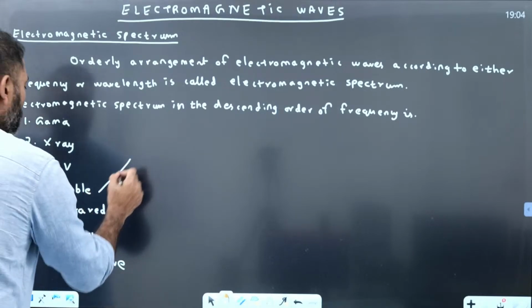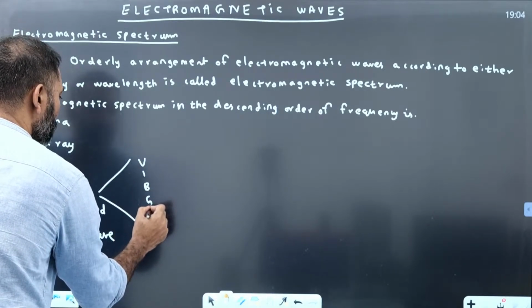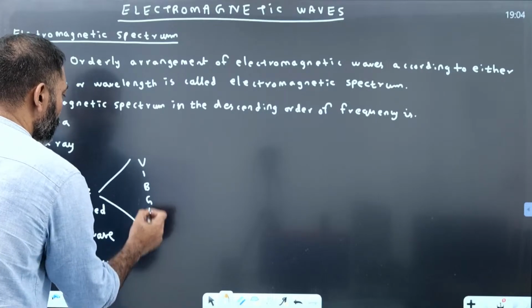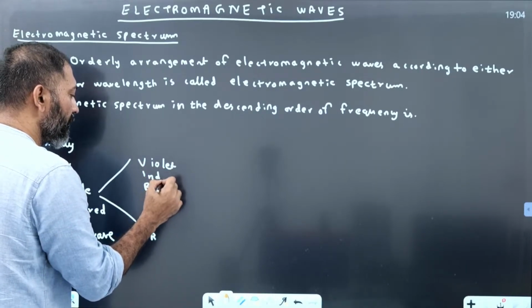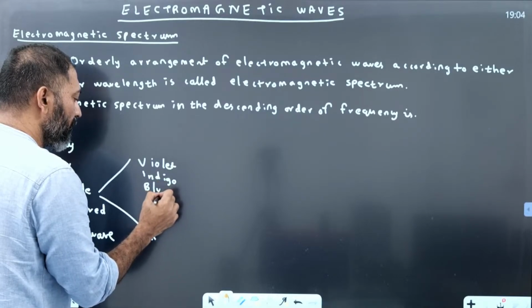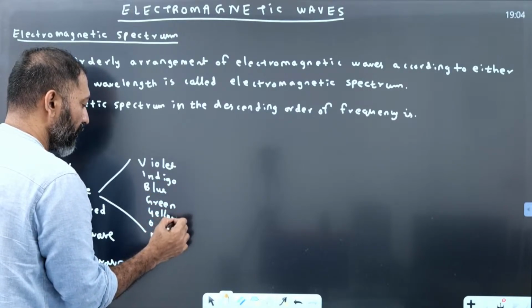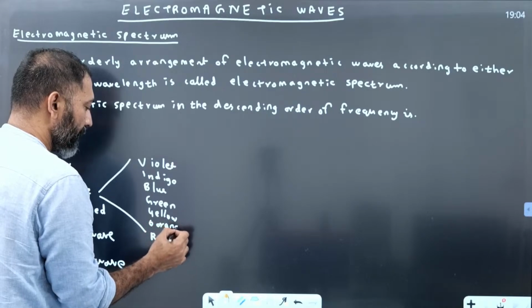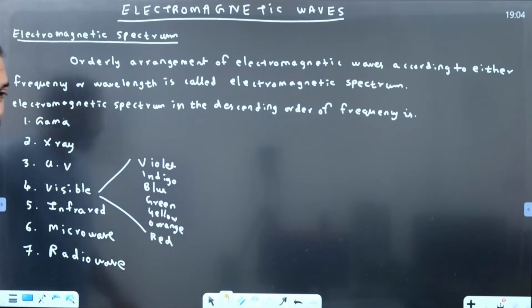Now remember, inside visible light we have VIBGYOR: violet, indigo, blue, green, yellow, orange, red. I used to remember this with a code: Onam exam state syllabus start chedu sir.